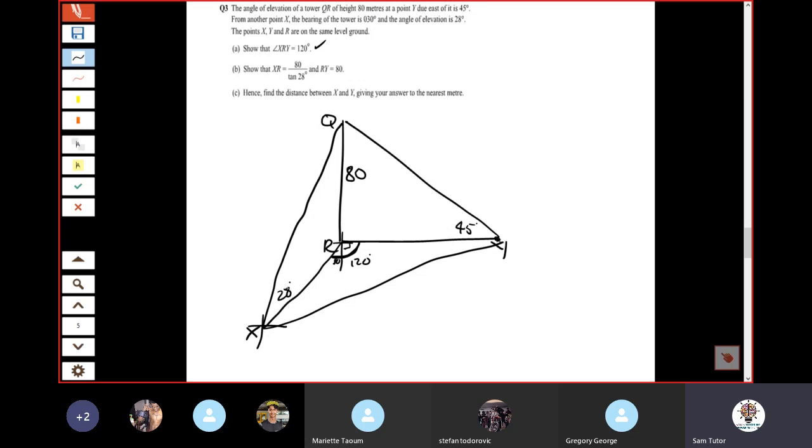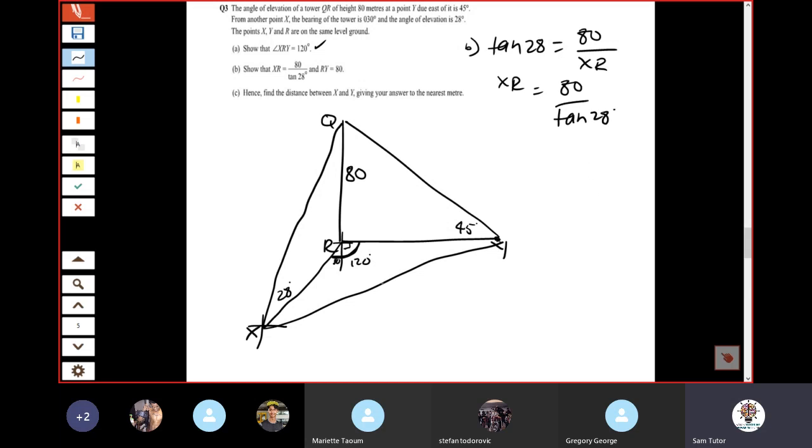B, show that XR is equal to this. For B, I do tan, opposite over adjacent. So tan 28 equals opposite over adjacent, and then XR equals 80 on tan 28.